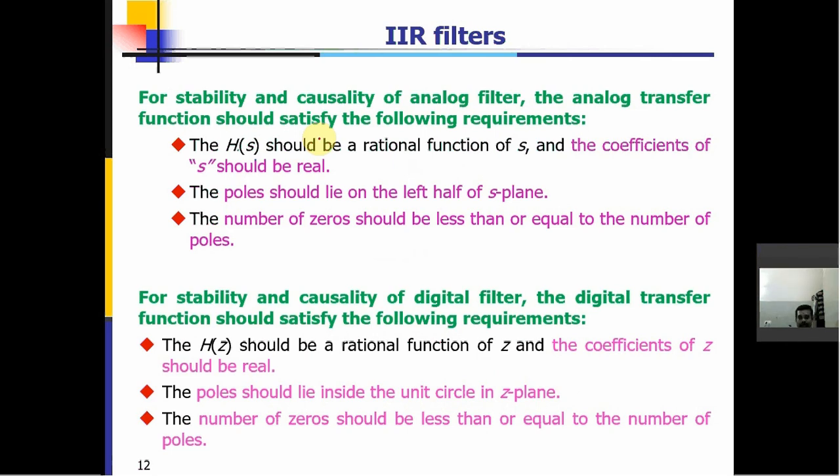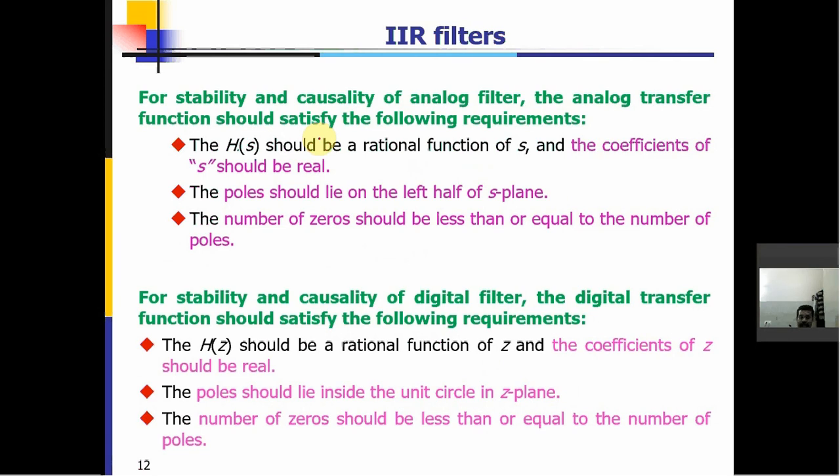The second point is that the poles should lie on the left half of the S-plane. If the pole is lying on the left half of the S-plane, it indicates that the system is stable.